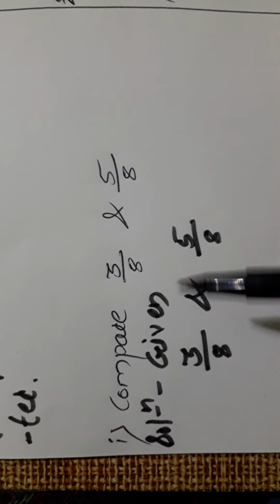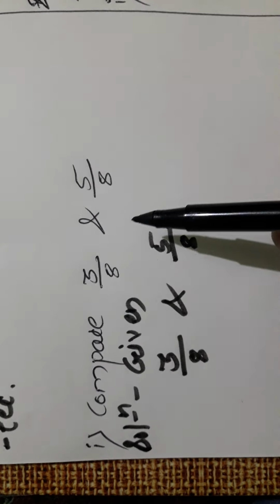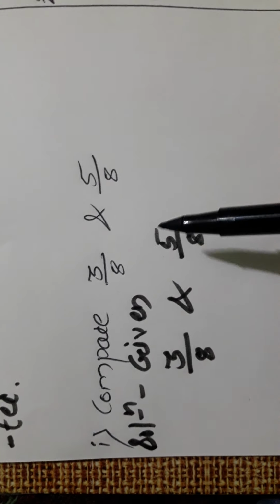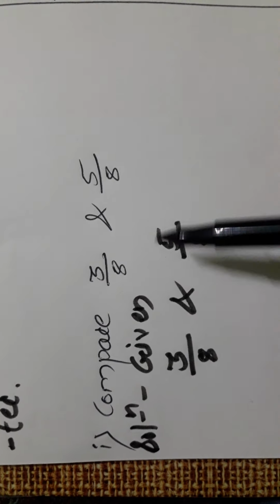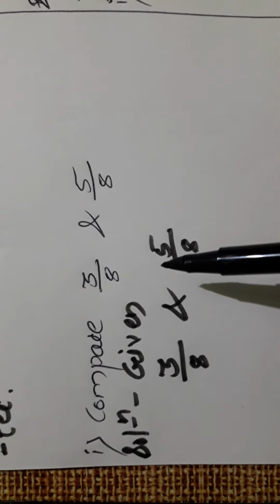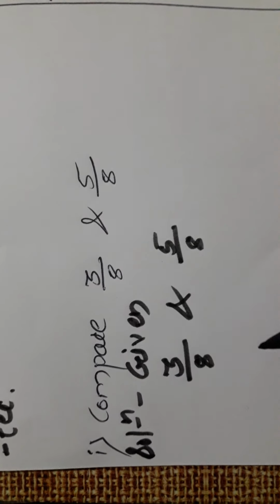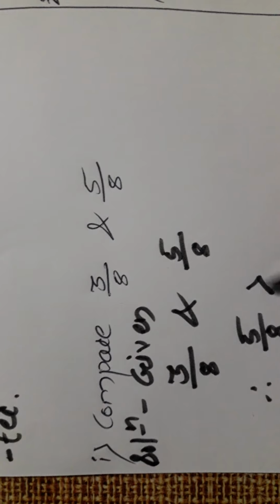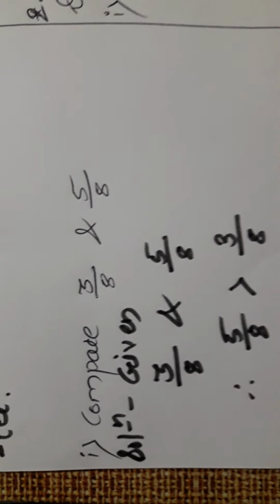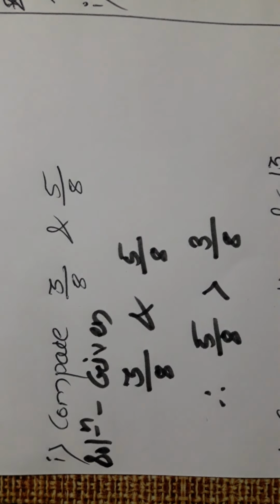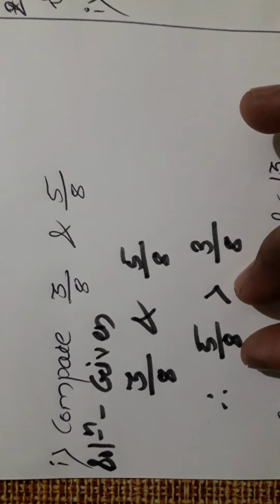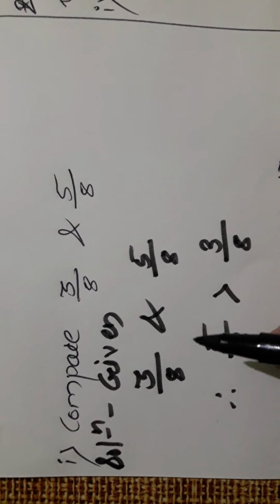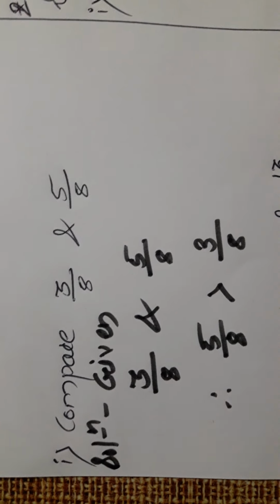Now you have to see whose numerator is greater. Here 5 and here 3, so 5/8's numerator is greater. Means we write directly 5/8 is greater than 3/8. Simply like that we have to identify. Do you understand? The denominators are the same, but the numerator 5 is greater than 3. That's why this fraction is greater.